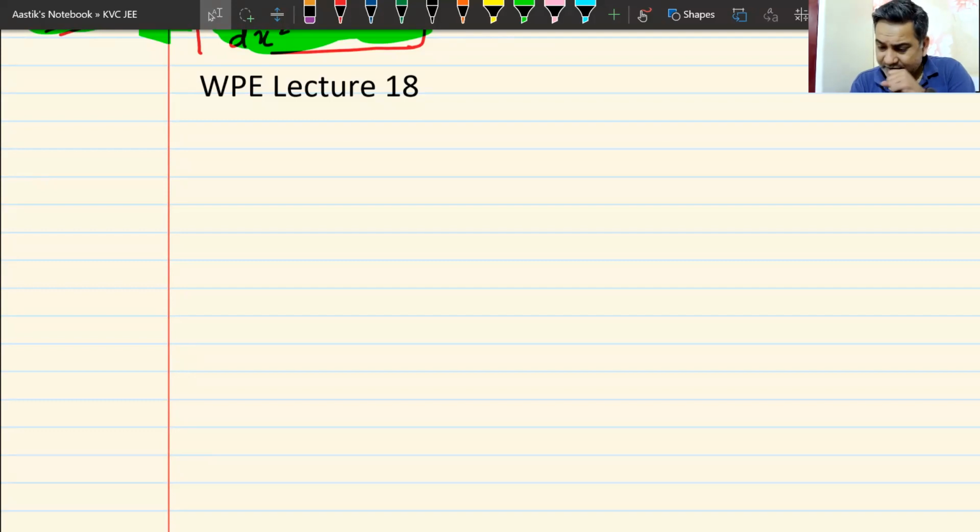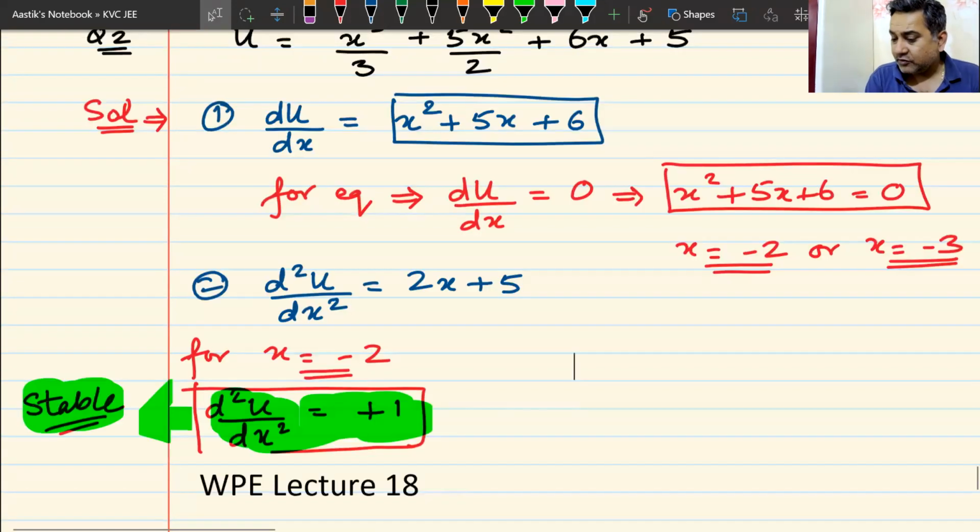The last class we had discussed the types of equilibrium. We had seen what types of equilibrium there are and how we find out whether the equilibrium is stable or unstable. The first step is to find du by dx.